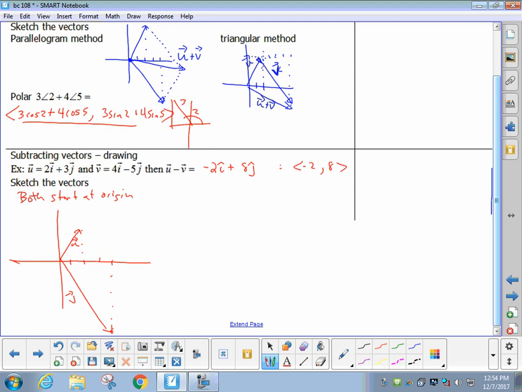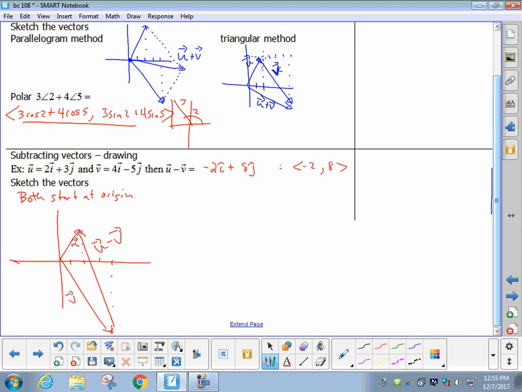We won't be drawing one from the origin. You're not wrong. We're going to draw one from the origin in a second. But I'm saying from the head of one of these to the other. Now, would I go from here to there, and would that be left 2 up 8? No. It must be from V to U. This vector here is left 2 up 8. That's U minus V.